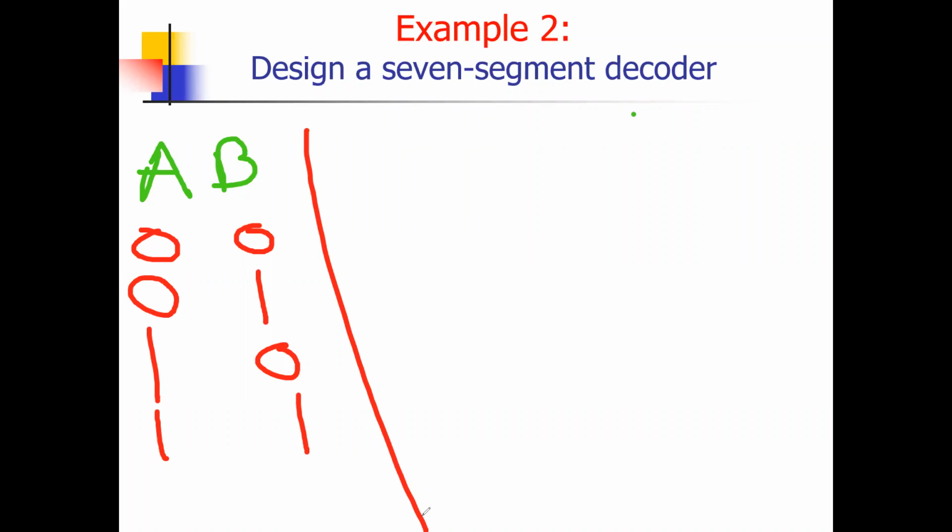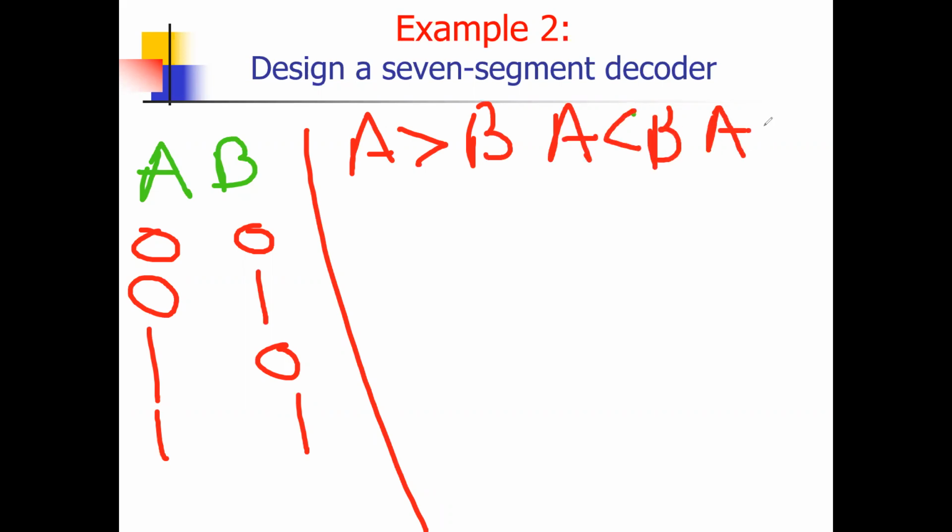Very good. Equal or another? Greater than or less than. So we have these outputs: greater than, less than, and equal. We will have 3 things.